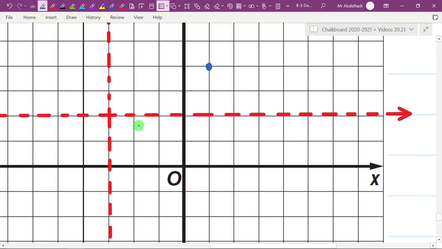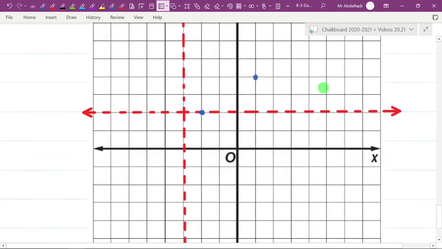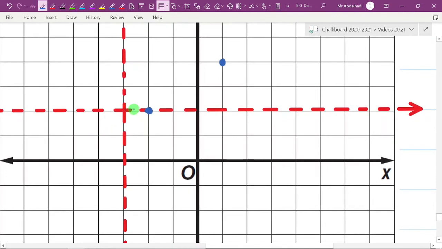The other one was 0, 1, so that would be right here. All right, and the last one was 1/4, -2. So 1/4 of a box, that's half, that's about a fourth, and down 2, so somewhere right about there. And hopefully you can see there is a sideways parabola there.